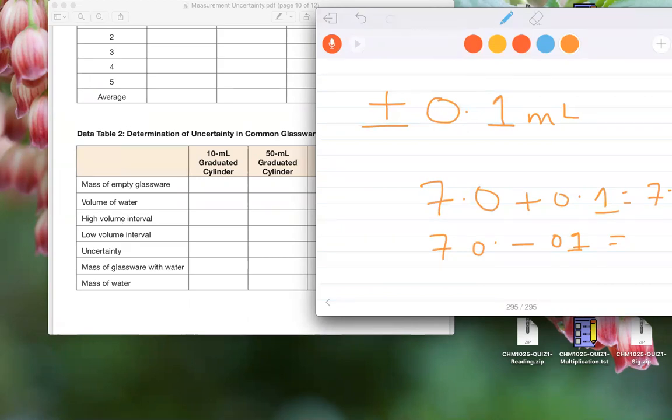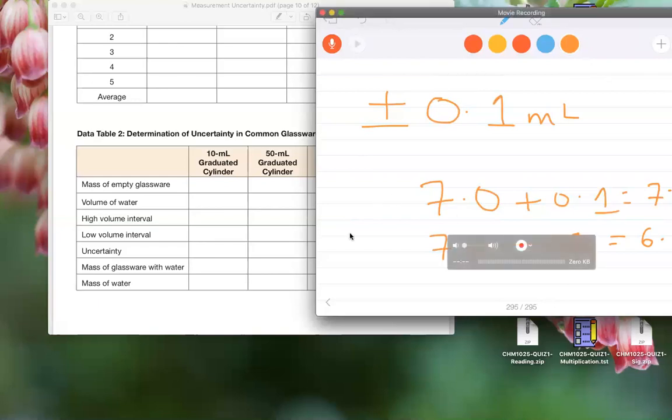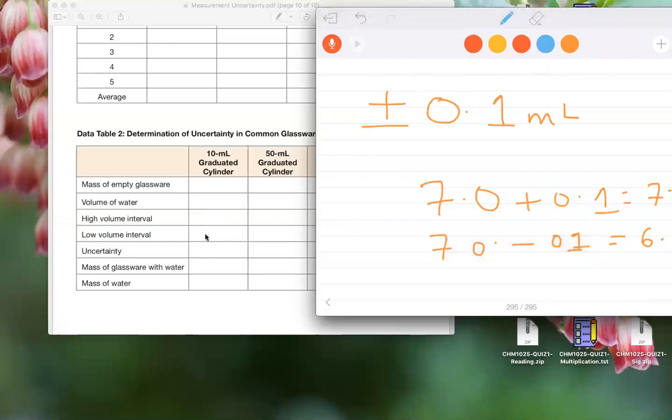This is 6.9. This is 7.1. I meant to say this is 7.1 ml. This is 6.9 ml. That's what is meant by high volume and low volume interval.